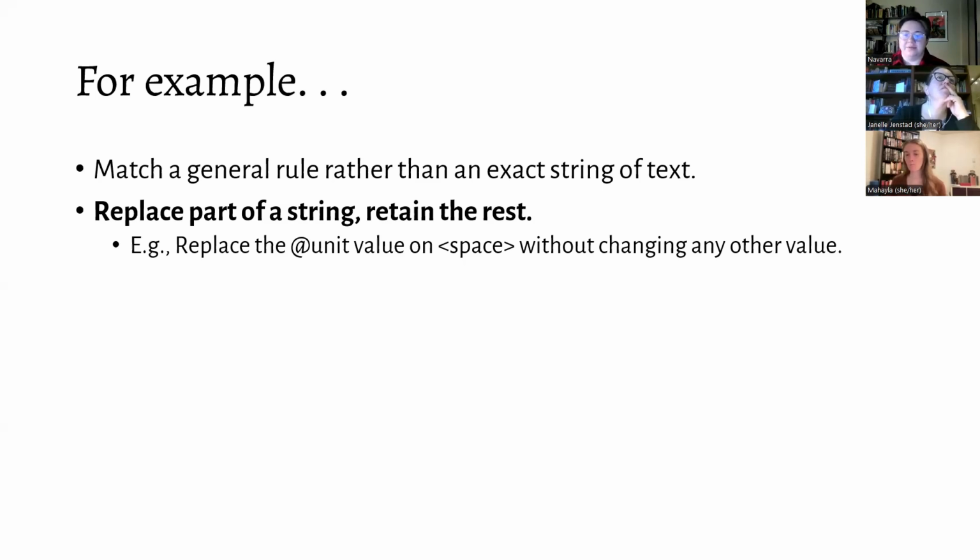So maybe we have a file that inconsistently uses the char, the M, and the CM values. We want things to be consistent throughout. So we could search for all of that and change it to the char value with just one click of a button. So then throughout your entire file, you're consistently using the same unit for your space elements.